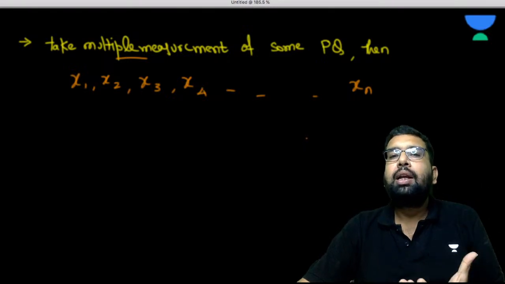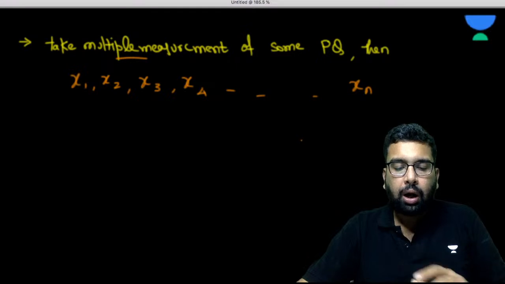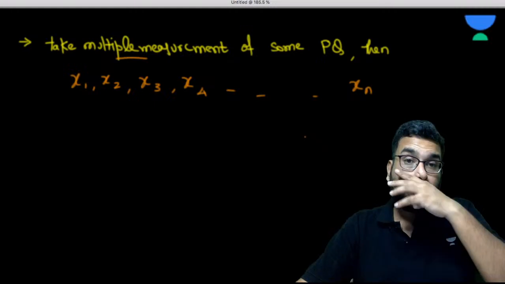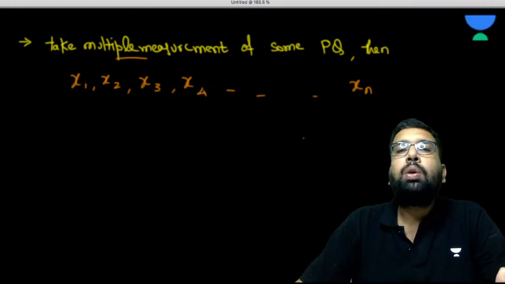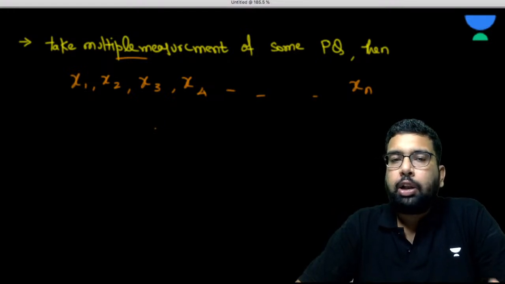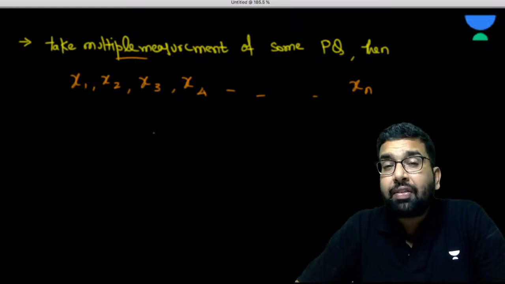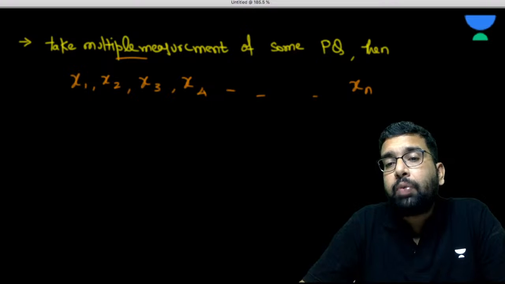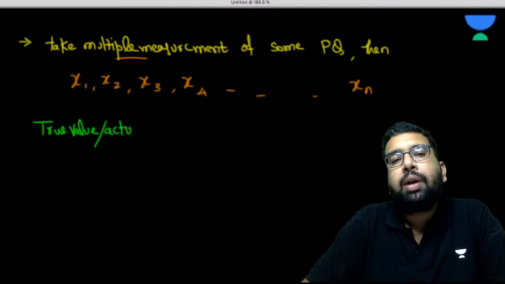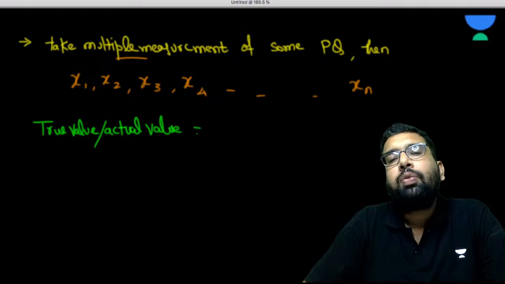Let's suppose we are having a length, and to get the true value of that particular length, we are trying to take multiple measurements. Let's suppose we are getting x1, x2, x3, x4, x5, x6, x7 to xn. So what we can say, remember this, for the true value or the actual value, we can take the average of all these measurements.